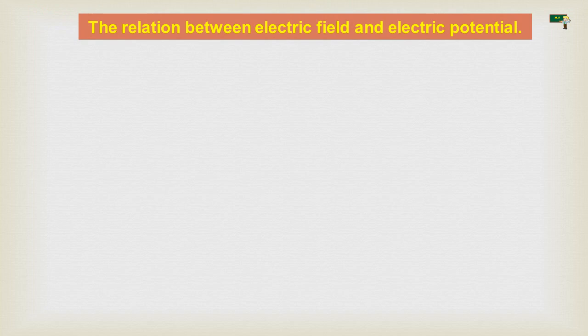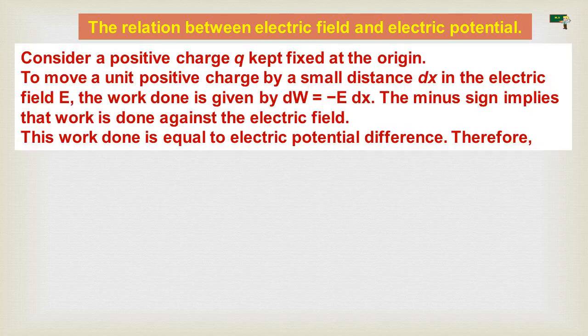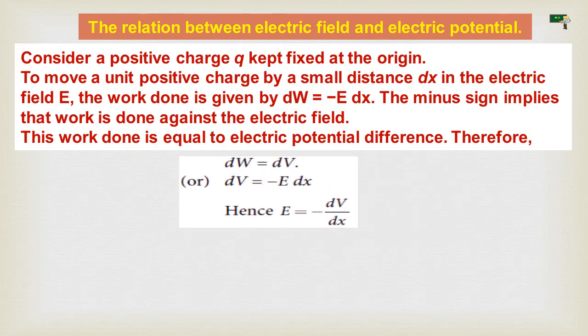Next one, relation between electric field and electric potential. And I think you all know the term electric field and the term electric potential. Now consider a positive charge Q which is kept fixed at the origin.